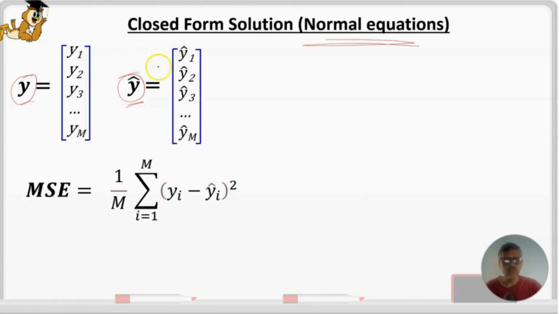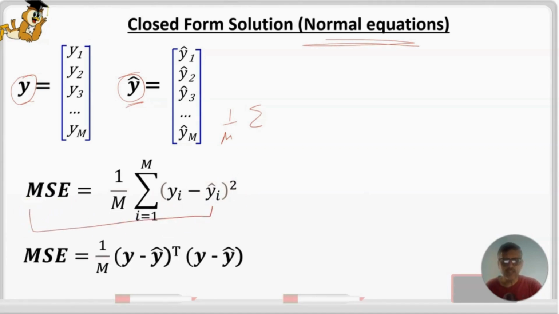Your mean square error, which we said was 1 over m summation of (yi minus yi hat) the whole square, in vector notation can be written simply as 1 over m times (y minus y hat) transpose into (y minus y hat).